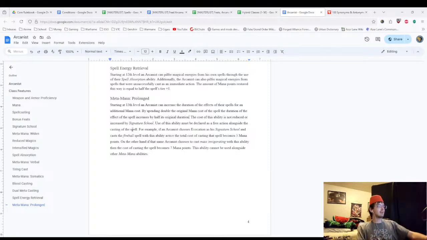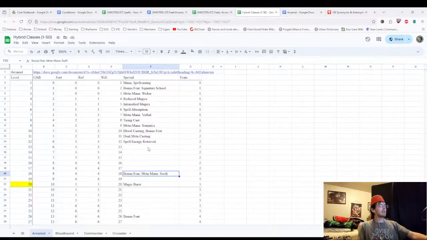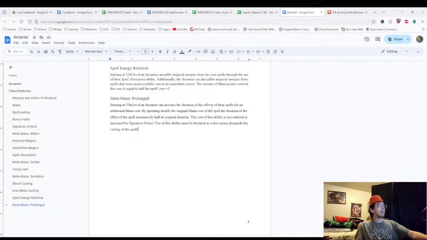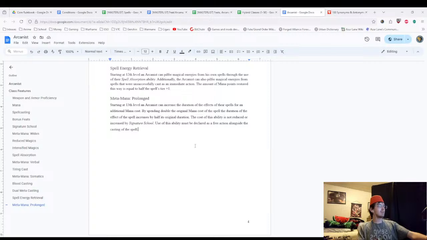Use of this ability must be declared. Okay, and then evocation is, you know what, I think we have the example above, and that kind of works out here, so we don't need to put the additional example here. So meta mana prolonged. And then since we have dual meta casting, I'm just going to put another sentence here.